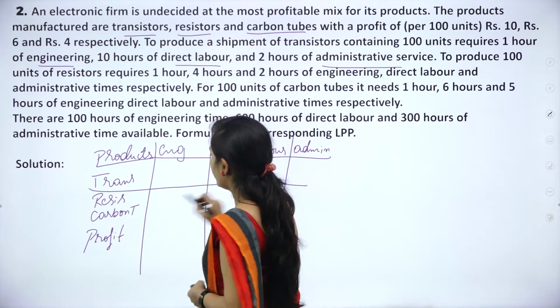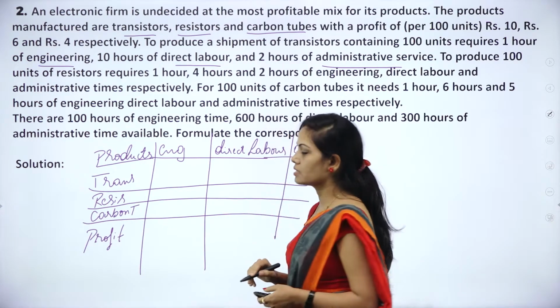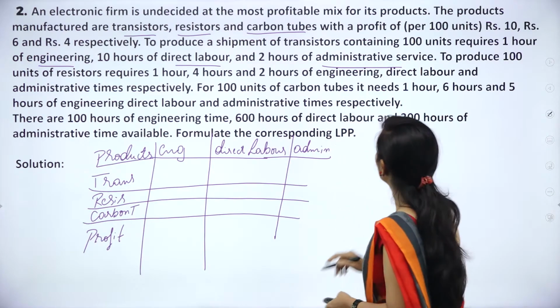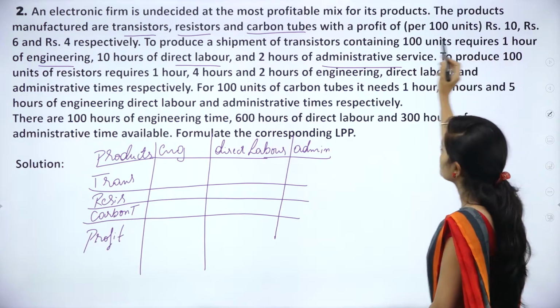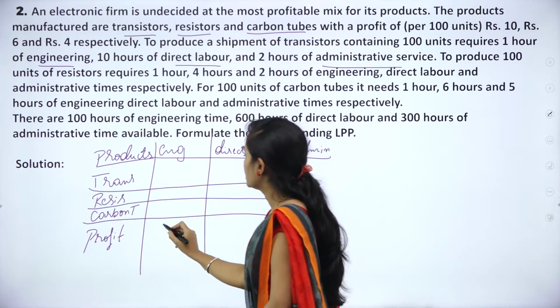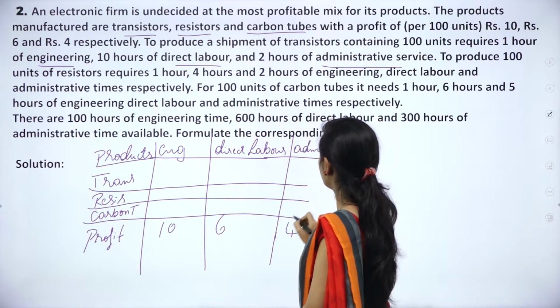So here we have 3 products, transistors, resistors and carbon tubes. Here they have given the profit values: 10 rupees, 6 rupees and 4 rupees respectively.